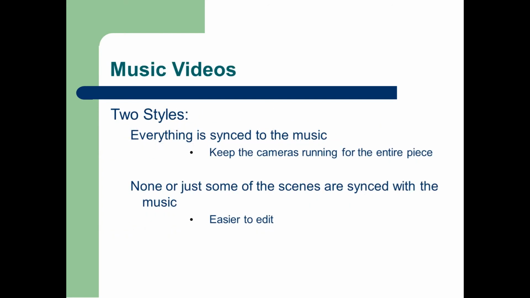Some people often ask about doing a music video. There's two different styles. One is everything is synced to the music, and I'll show you an example of that in a moment. You want to keep the cameras running for the entire piece. So you could have 5 different cameras, and if you have to start and stop some of them, you'll never get them all synced together.